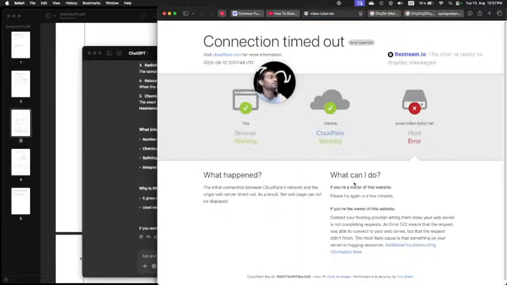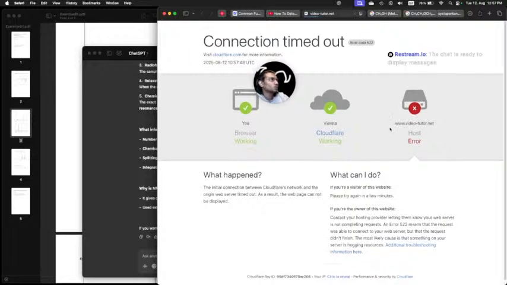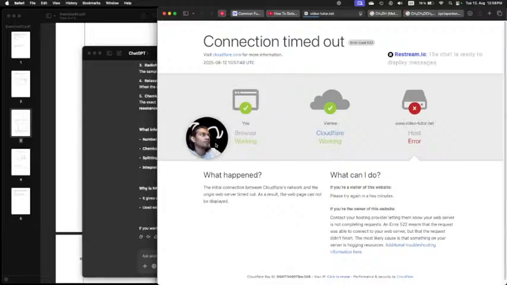Connection timed out. There's something wrong with the server.